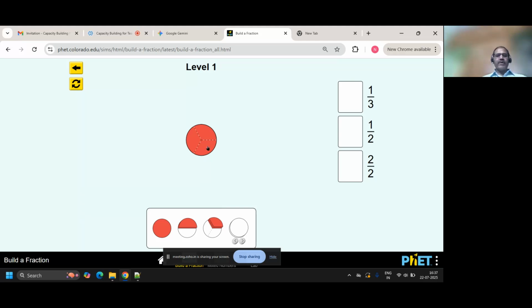So how many parts are there? If I take 2, how will I build it? This is not it, that 1/2 is not this. So I take 1/2, I take another half and then fill. So this is 2/2. Sorry, 1/2. Correct?